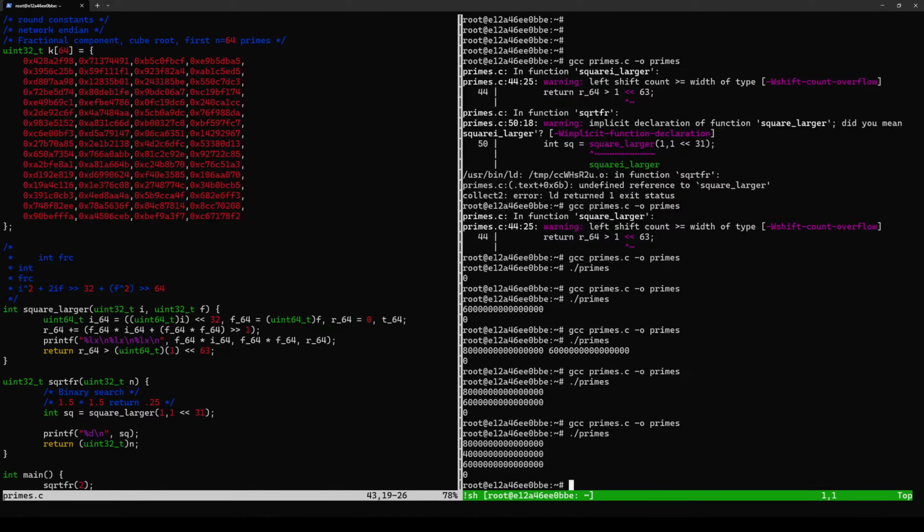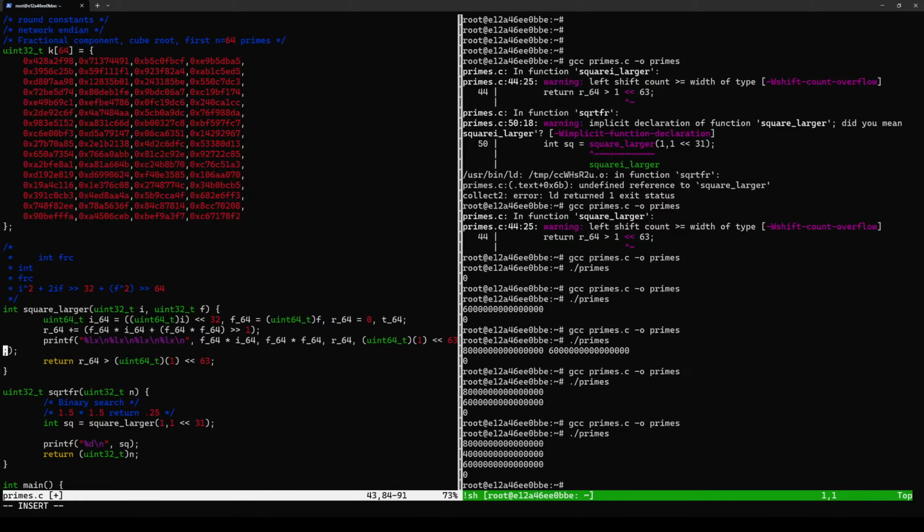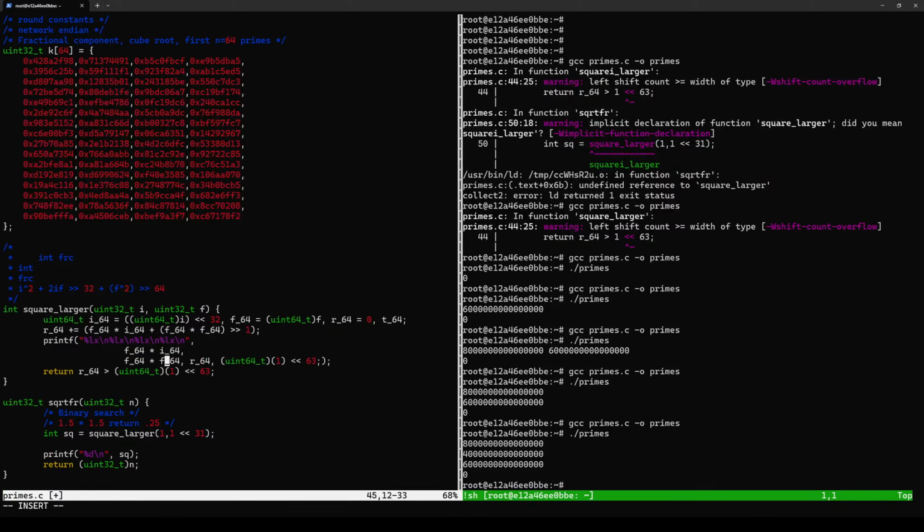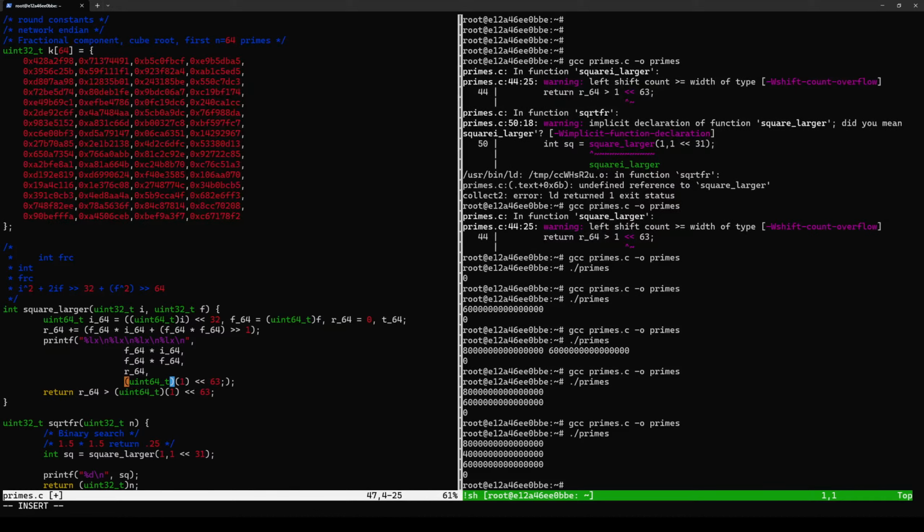I should at least print what 1 shifted over by 63 is. uint64_t 1 by 63. I'm not on one line anymore, so how do I fix that? Do a new line here, new line here, and here.